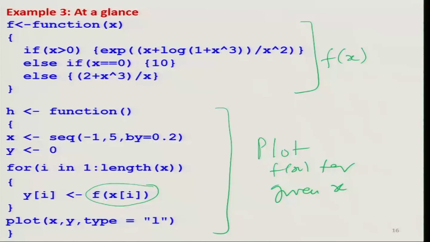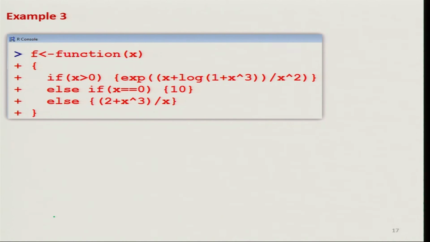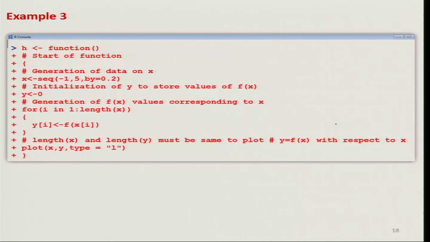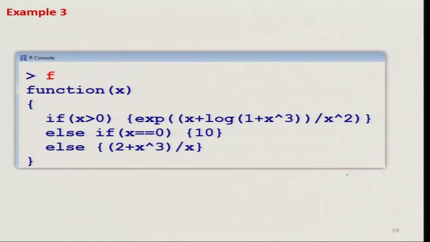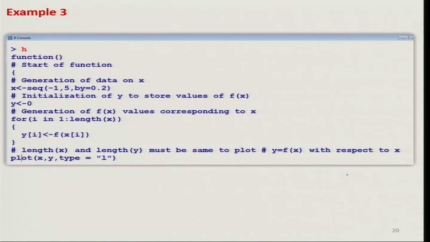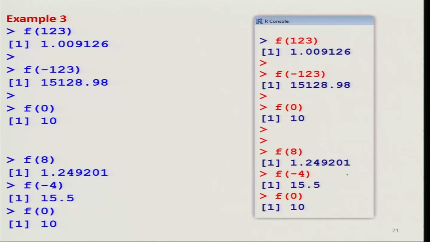So, let us now come back to our slide and let us try to see. You can see here this is the screenshot of the function f of x, then this is a screenshot of the function h of x, and then these are the functions f and h, no issues, they are the same thing what we did earlier. And now, I have given several values: f of 1, 2, 3 positive values, f of minus 1, 2, 3 negative values, and f of 0 is equal to 10.